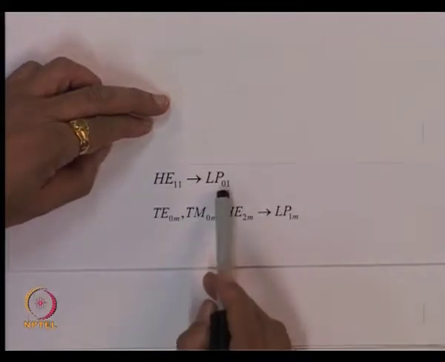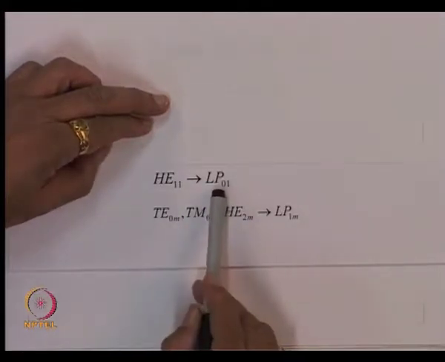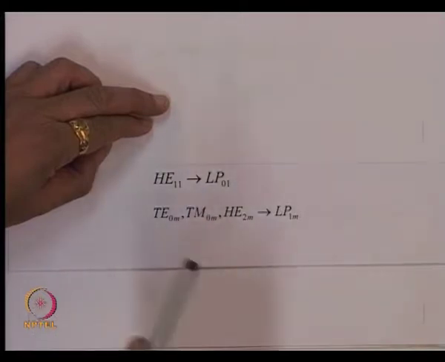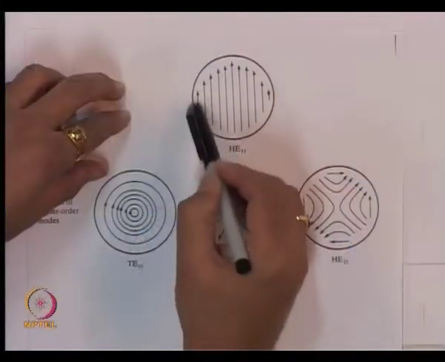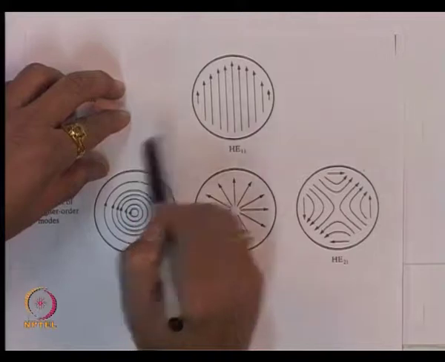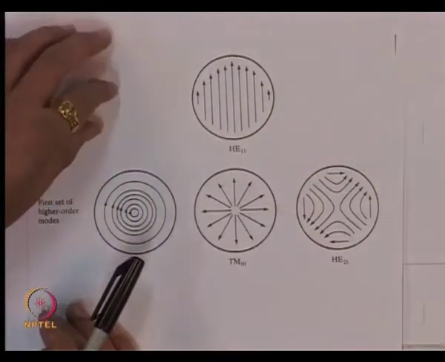Now, the indices essentially tell us the following: the first index tells me the azimuthal variation, and note that this is not telling you the variation of the Er or phi component, it is telling you the variation of the linearly polarized field. If I say that my polarized field was vertically polarized, then what is the variation of the vertically polarized field in the azimuth direction? That is given by the first index.